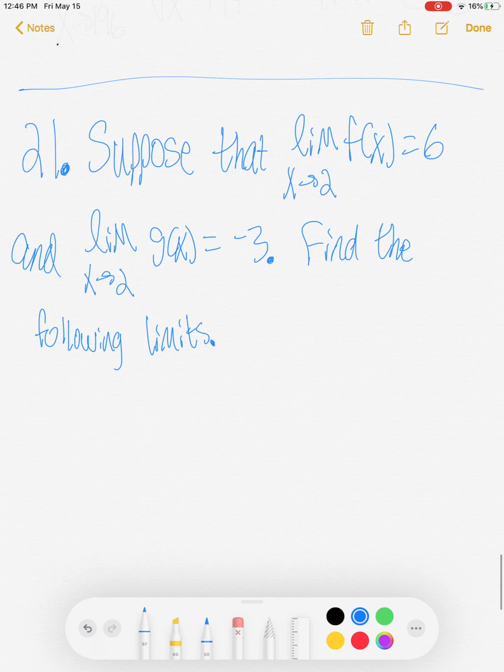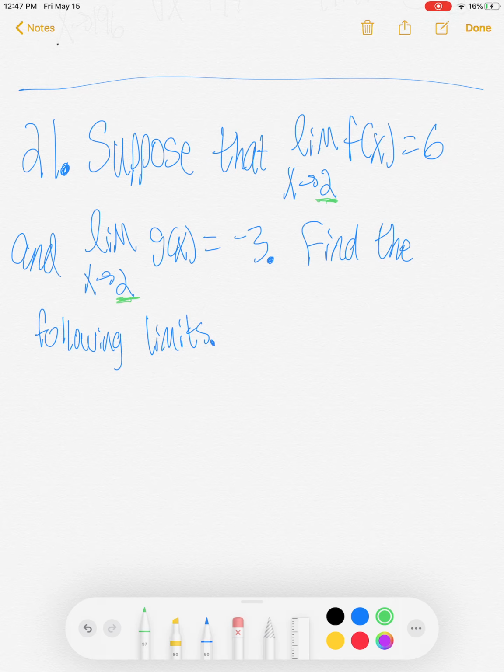Notice here, we're not actually told what f and g are. We don't know what these functions are. All that we know is their limit at this one particular value, in particular, the limit as x approaches 2. It is also important to notice that both of these are the same x value.